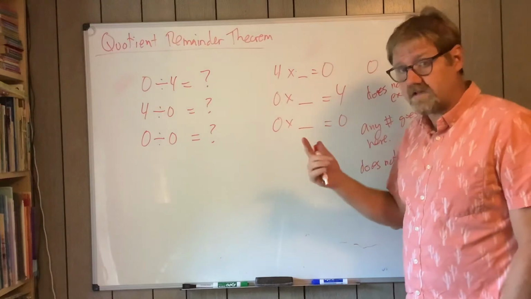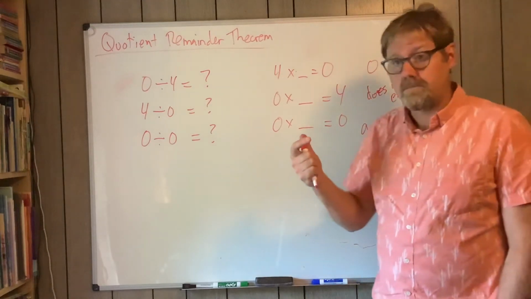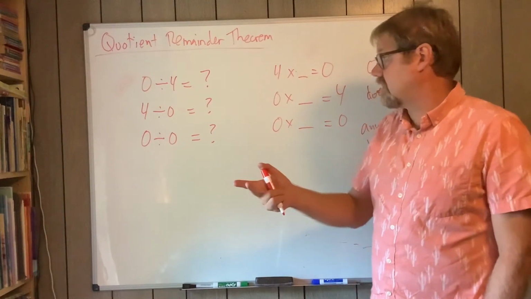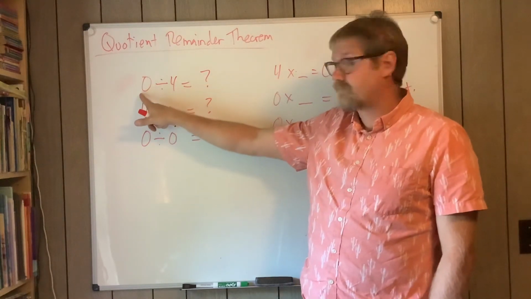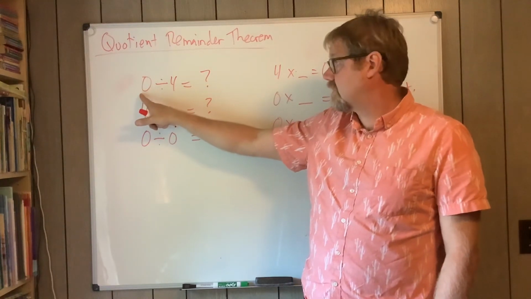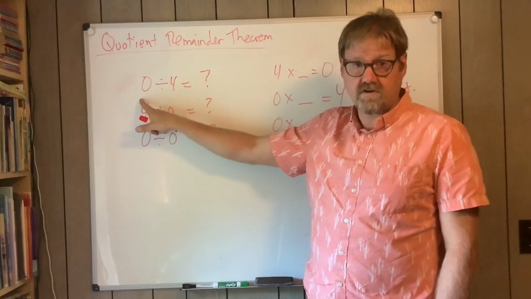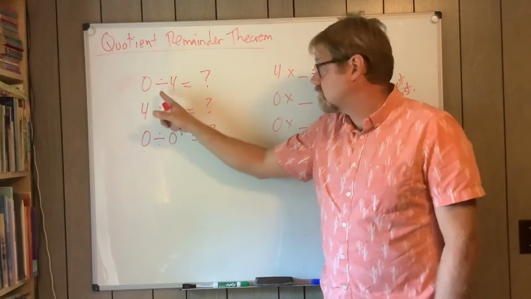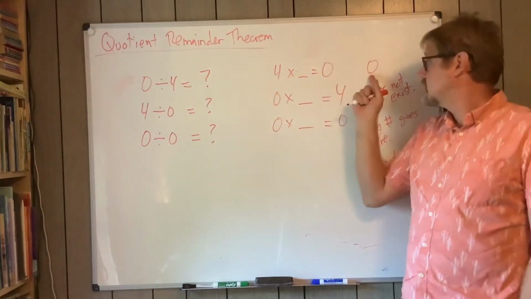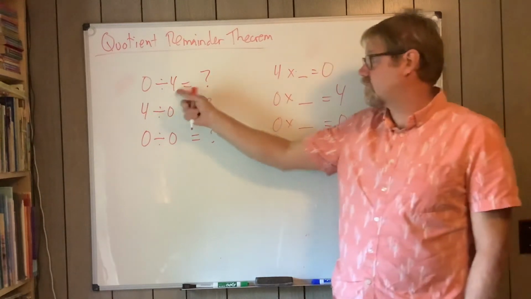One of the ways I always like to do this, because people like pizza, is going through everything like this. If 4 people are going to share 0 pizzas, how much pizza does everybody get? Well, the answer is 0. So 0 divided by 4 is 0.